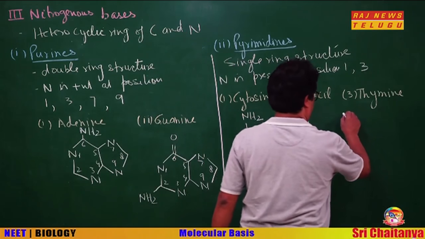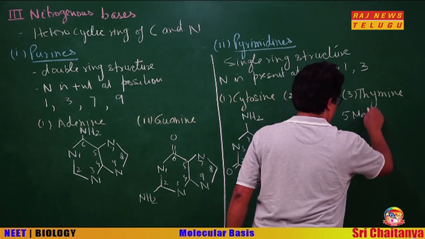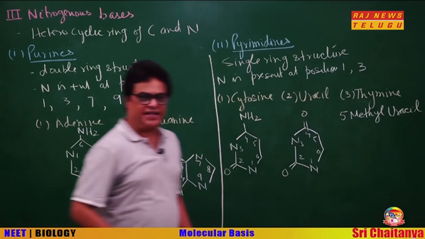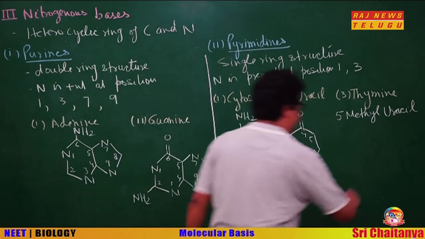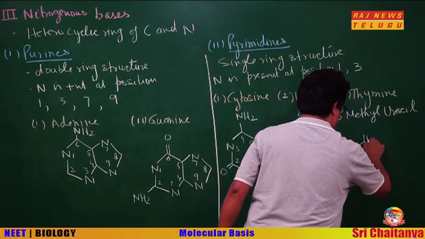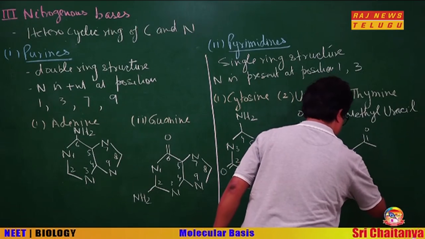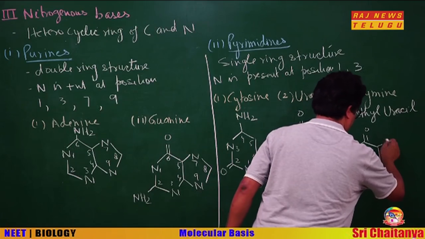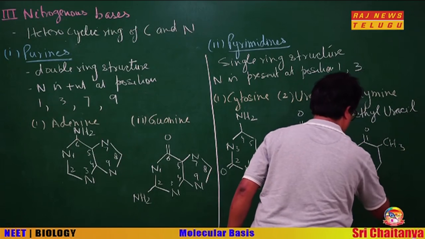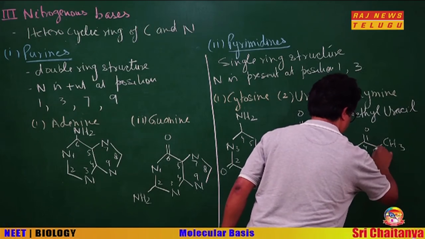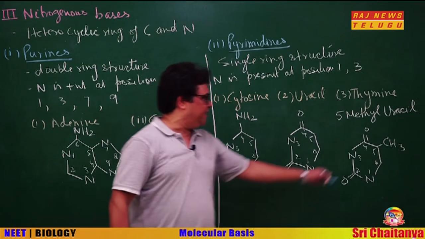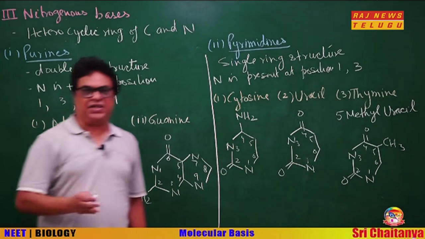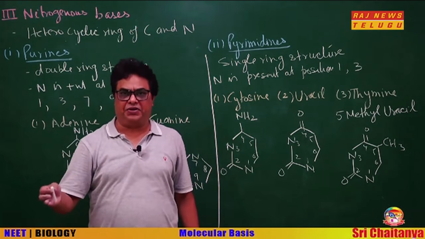That is why thymine is also called 5-methyl uracil. So you see at position 5 a methyl is present. So this is thymine.